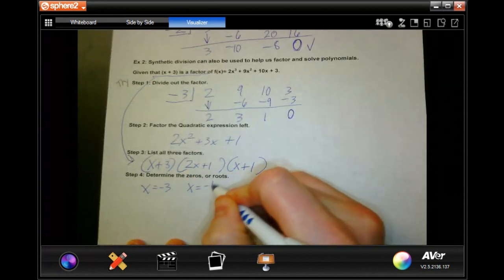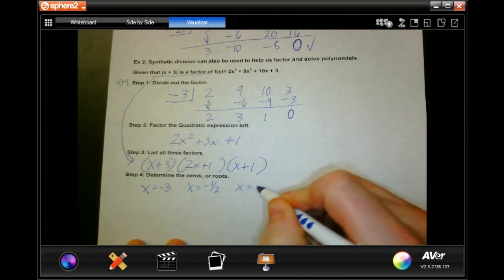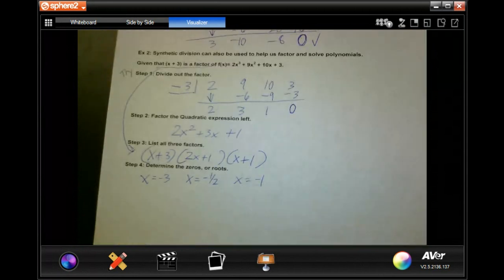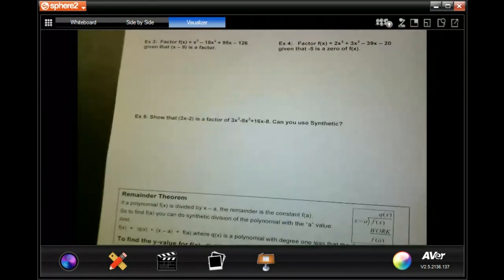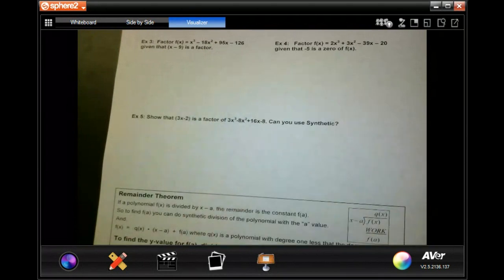We're going to have x equals negative 1/2 for this guy, and x equals negative 1. So it's going to hit the x-axis, all between quadrants 2 and 3, on the left side of the y-axis. Cool deal. Okay, these are going to be how some of the questions are worded. Why don't you guys do examples 3, 4, and 5?